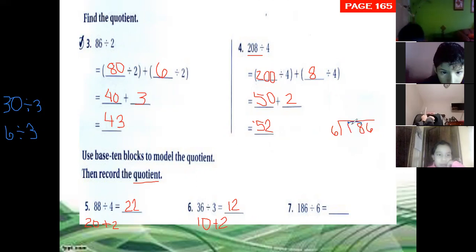So I am going to work with 1 and 8. 18 divided by 6? 3. Because 6 times 3 equals 18.